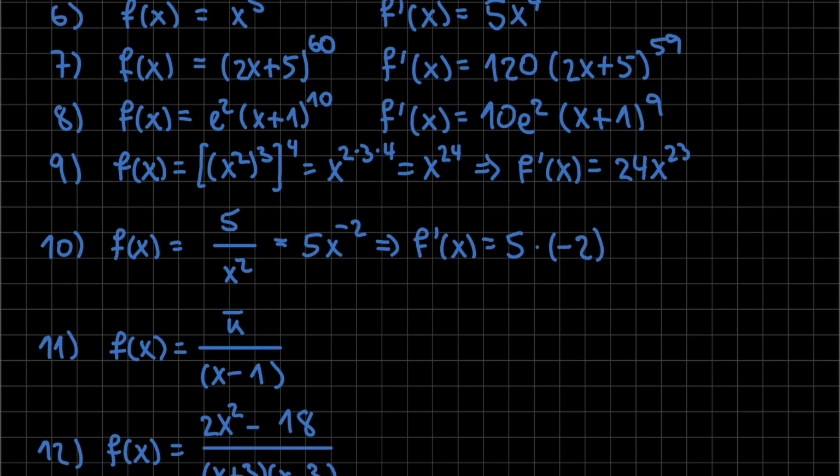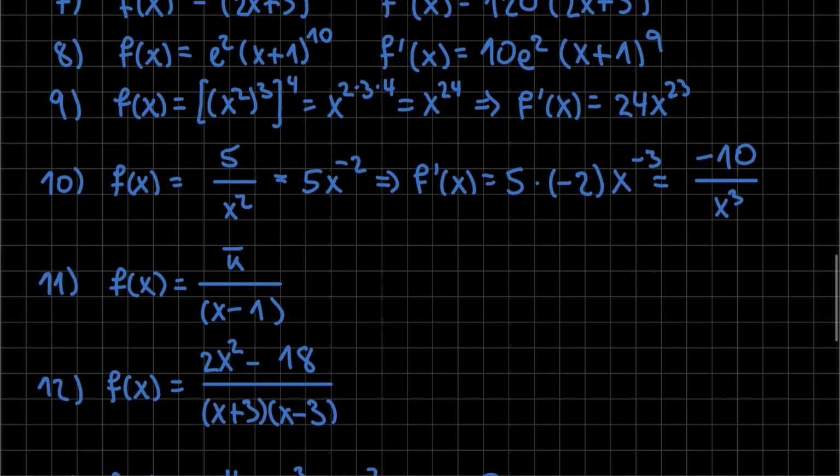So we're going to multiply by -2 and then raise x to the power of 1 less than the exponent. We're subtracting 1. So it's going to be -3 here in the exponent. And you could rewrite this as -10 over x cubed, again, using exponent laws and multiplying 5 by -2.